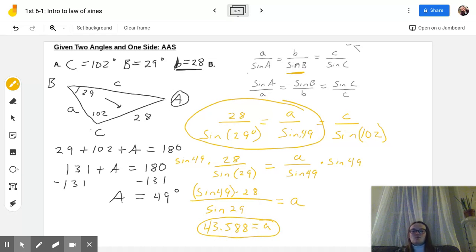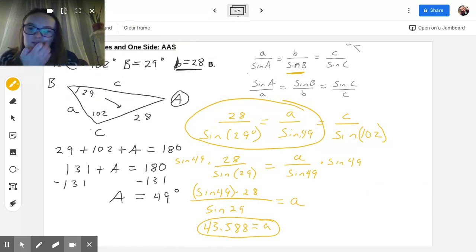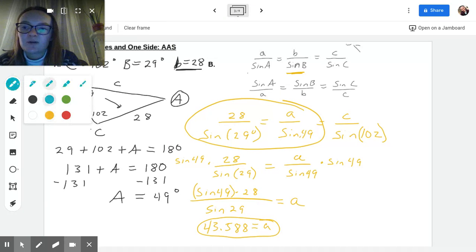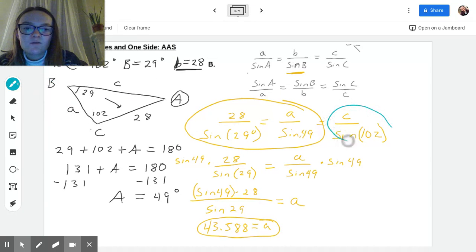Now, to find the measure of side B, not side B, we already have that one. To find the measure of side C, it's going to be the same process. I'm going to set the same thing equal, and we're going to solve. So the next one I'm going to do in a different color, I want to solve for this equation here.